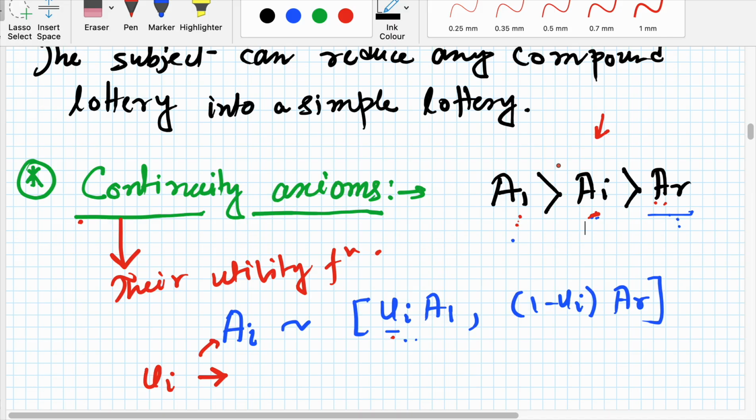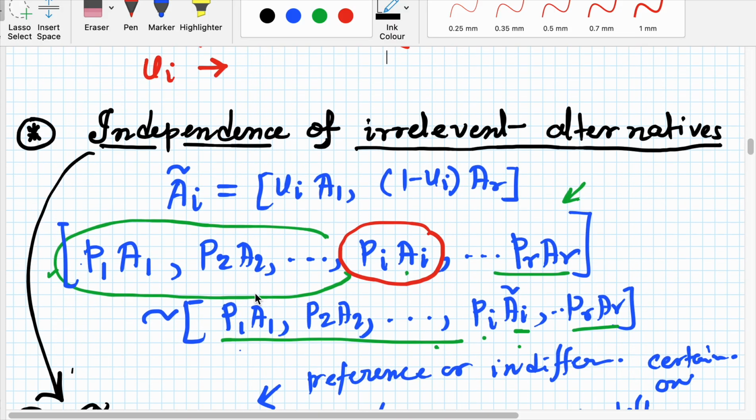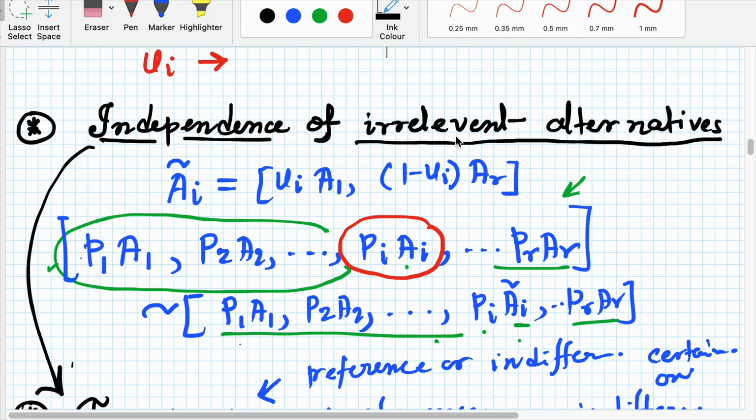The probability with which you get the most preferred item as a prize can be thought of as the utility ui for the particular option ai.